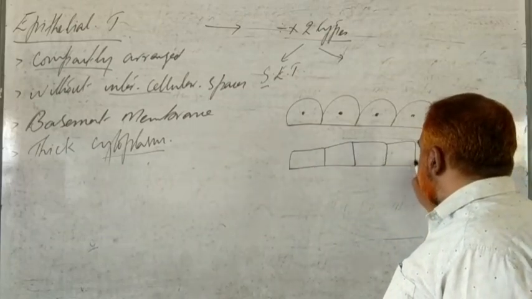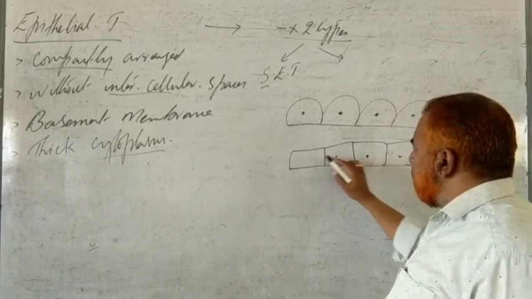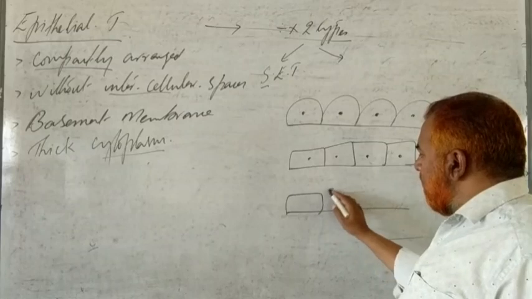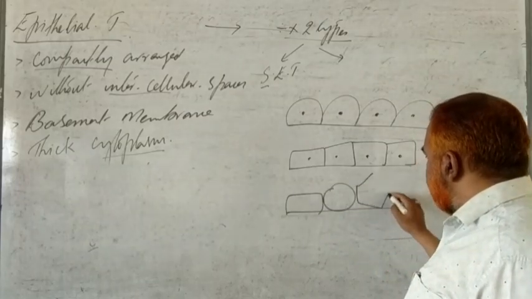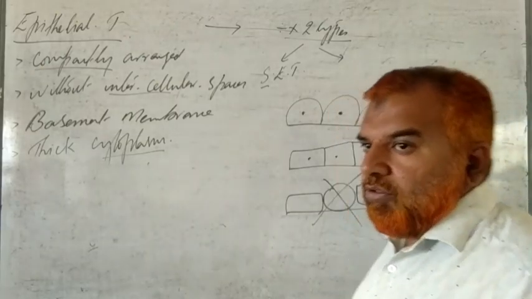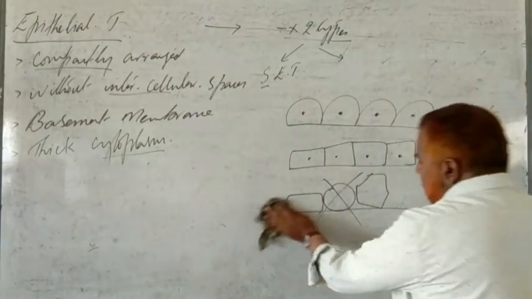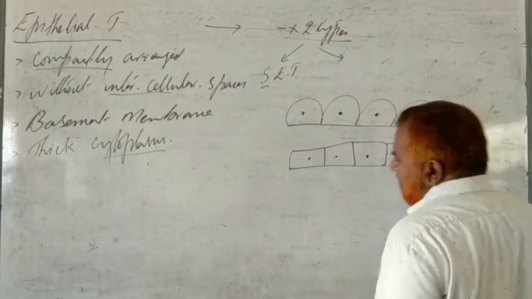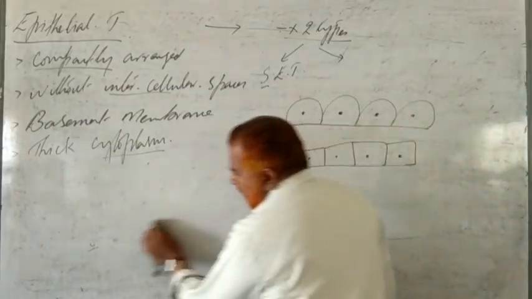Whereas if one cell is rectangular, one cell is round, one cell is hexagonal, we don't call such a combination of cells a tissue, because it doesn't hold good as far as the definition of tissue is concerned. In the previous class I told you: a group of cells having similar structure, function and origin.